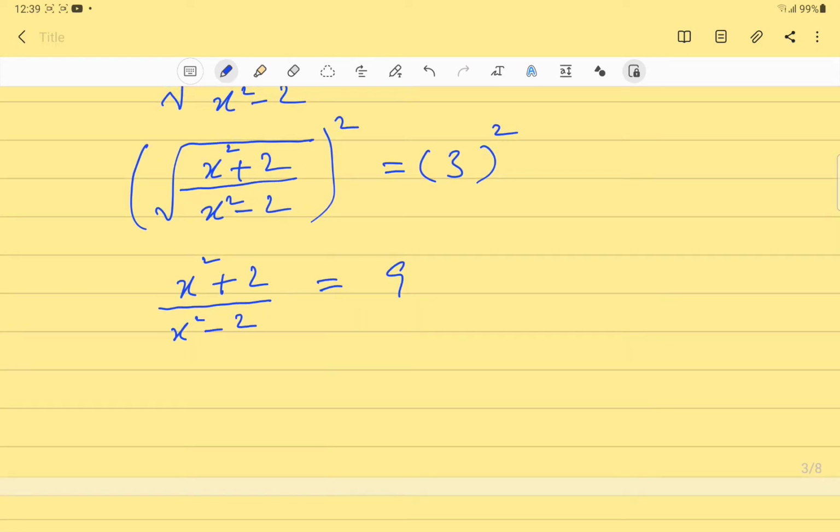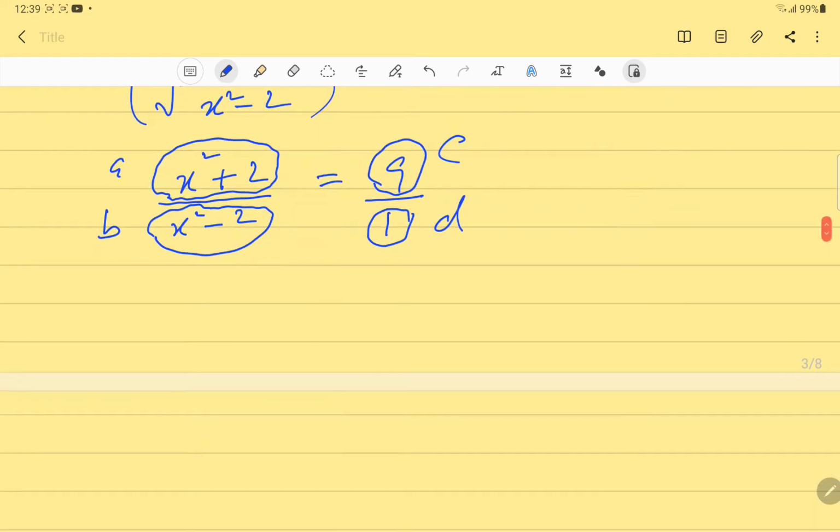This is a unique type of question because at this point you can again apply componendo dividendo theorem. How you will do it? In the similar way. This one you will consider as A, this one you will consider as B. Again you write 1 here because you don't have anything in denominator.